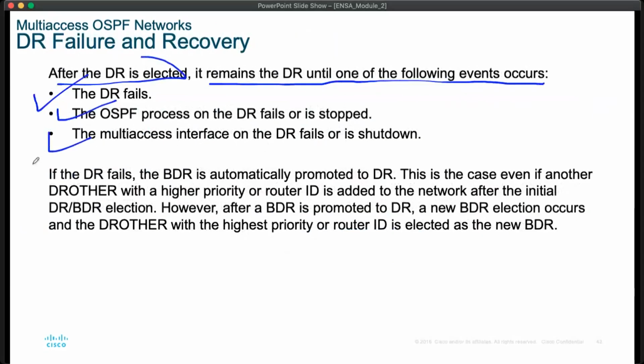If the DR fails, the BDR is automatically promoted to DR. This is the case even if another DROther with a higher priority or router ID is added to the network after the initial DR and BDR election. However, after a BDR is promoted to DR, a new BDR election occurs and the DROther with the highest priority or router ID is elected as the new BDR.